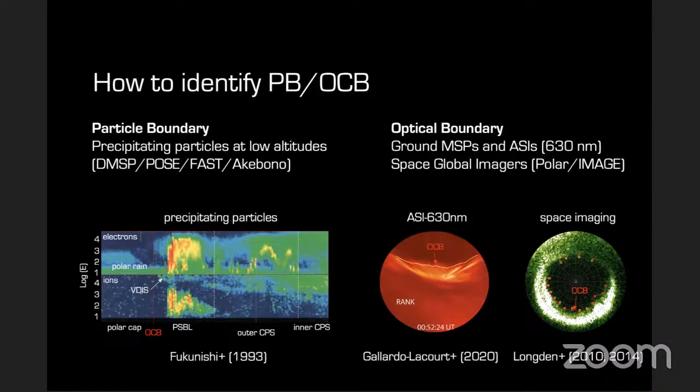One advantage of auroral imager observation over satellite particle observation is that it provides the 2D structure of the poleward boundary. So far, the most ideal way to identify the poleward boundary would be using a combination of simultaneous spacecraft particle and auroral imager observation.